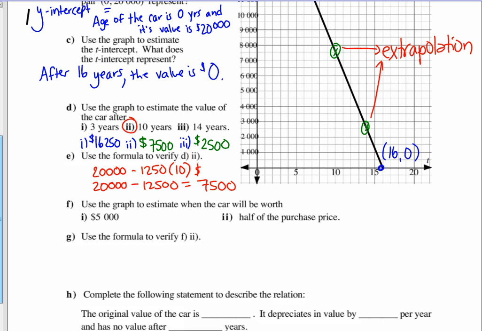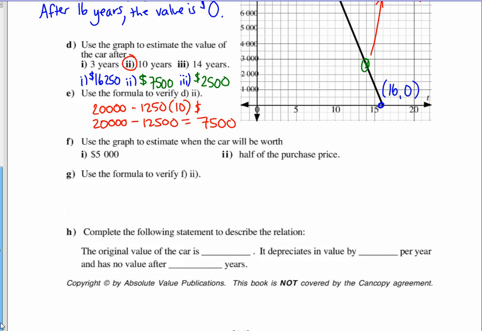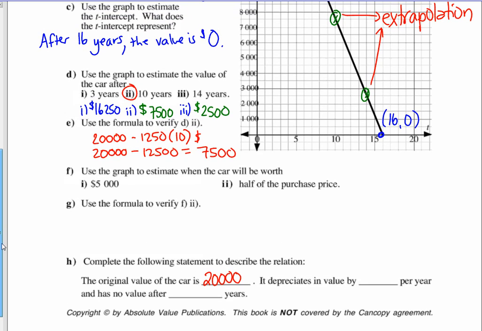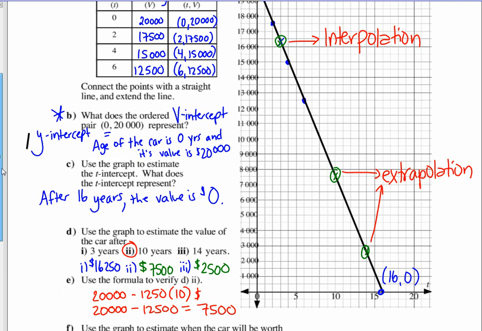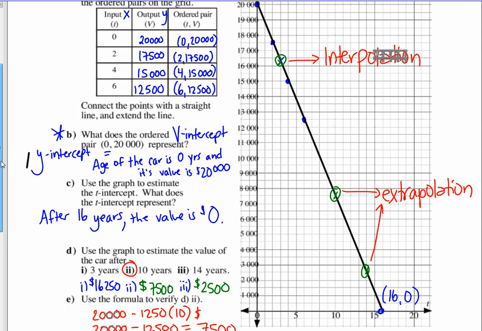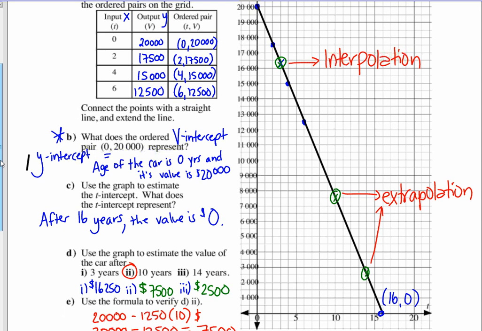Okay. Last thing, let's just skip to H. The original value of the car is what? 20,000. It depreciated by how much per year? Per year. So be careful. Well, from 0 to 2 years, in 2 years, how much did it go down?